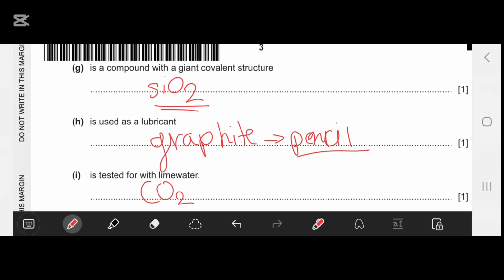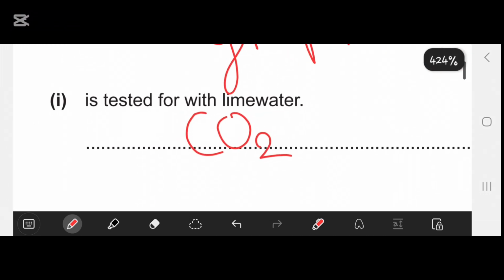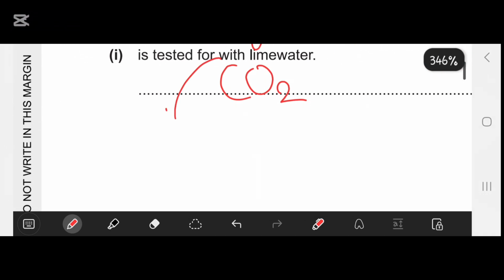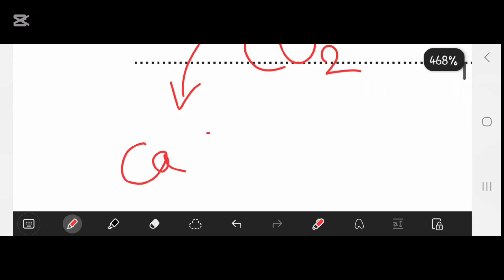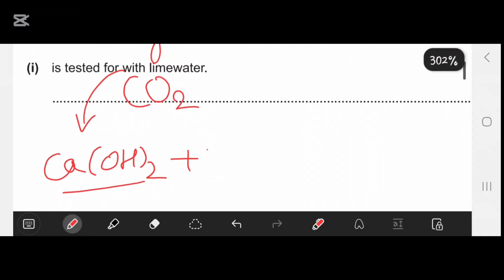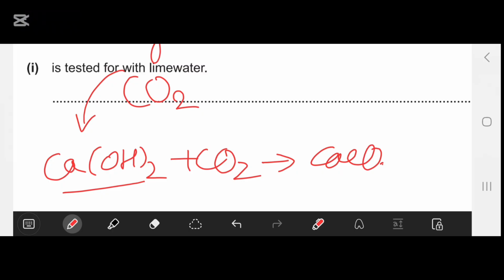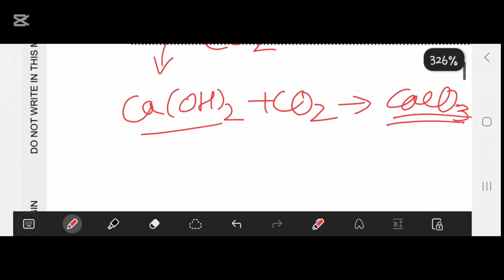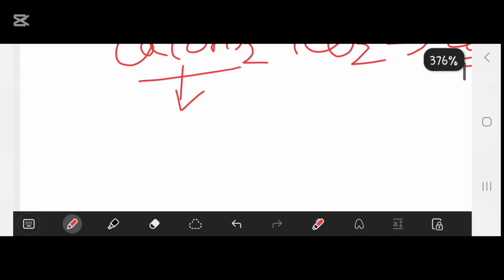Alright, next question is tested with lime water. Lime water is calcium hydroxide. Calcium hydroxide will react with carbon dioxide to give us calcium carbonate. Calcium hydroxide is a colorless solution.